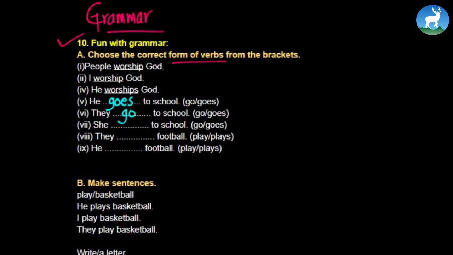And look at another one. She blank space to school. She goes to school. They, do they play or plays? Of course play. He plays football. All right. The general rule is that pronouns like I, we, they all take the plural verb, that is go.